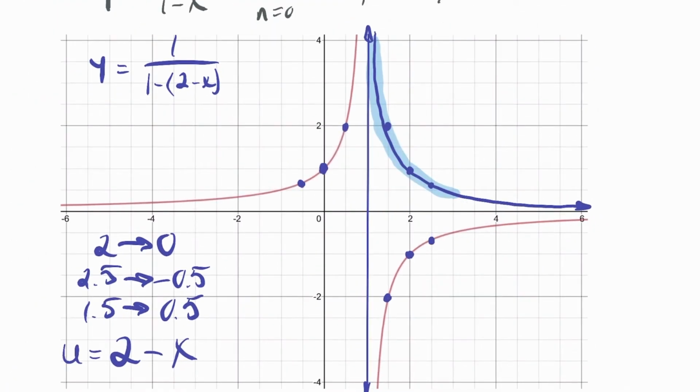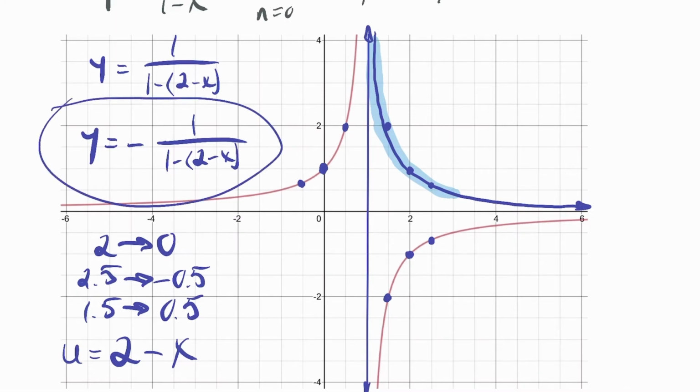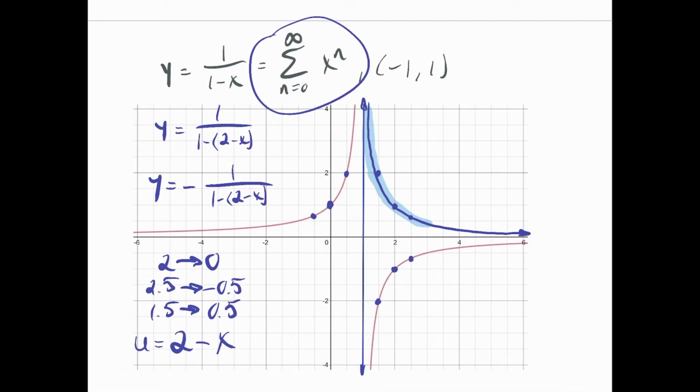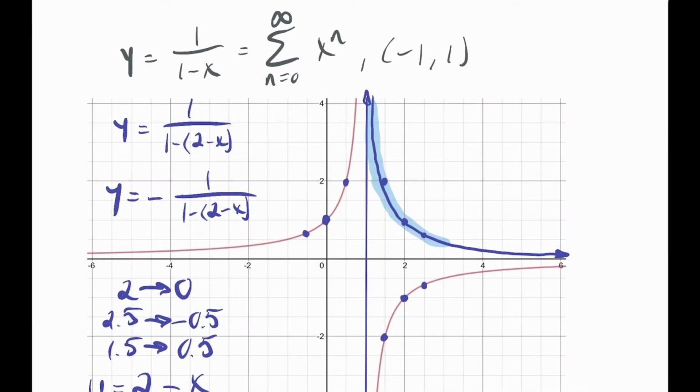So I'm going to instead do y equals negative of 1 over 1 minus (2 minus x). This is the function that I want to use for the power series representation. It's still the same function ultimately, because I've reflected around, I'm now getting these coordinates, but I'm going to use this formula.